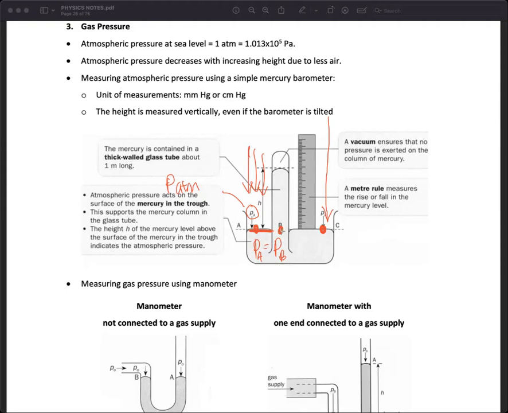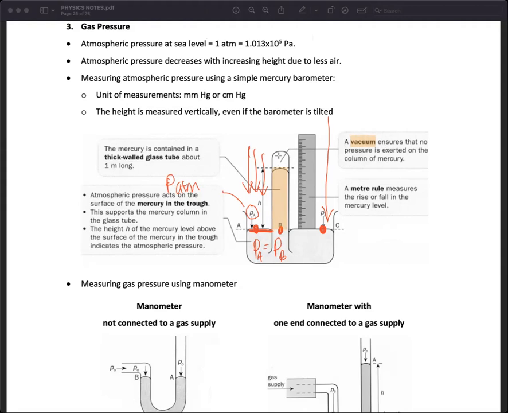Okay, so PB, the pressure at B, is due to all the fluid above it. So what is all the fluid above it? Let me highlight it for you. All the fluid above it will be this part here. Can you see? And then on top here, it is vacuum. Means there's no air inside, so there's nothing pressing down.